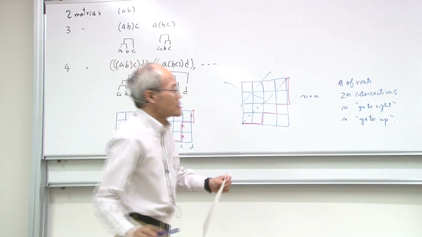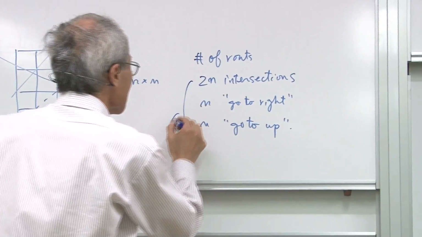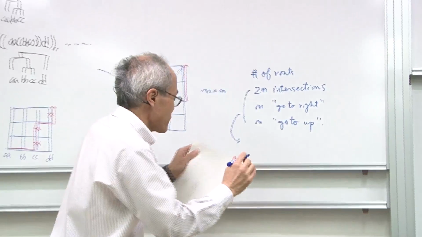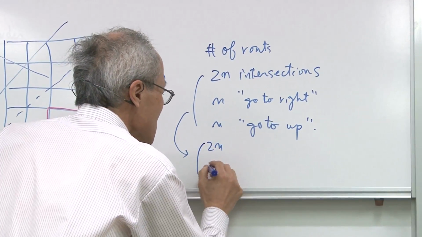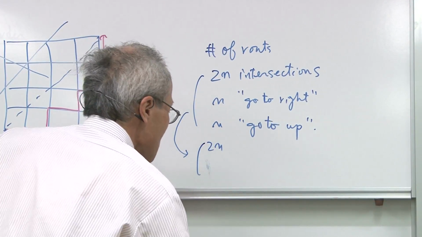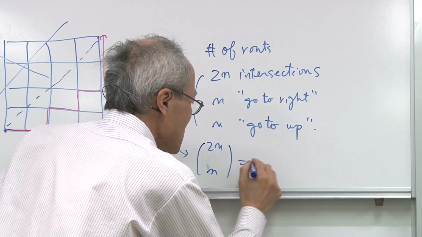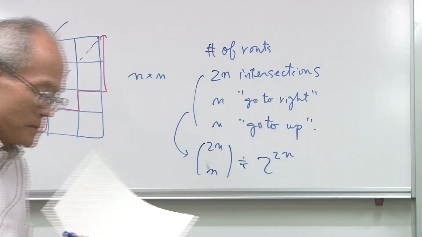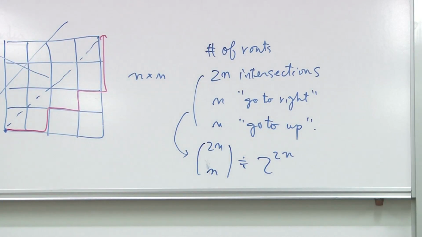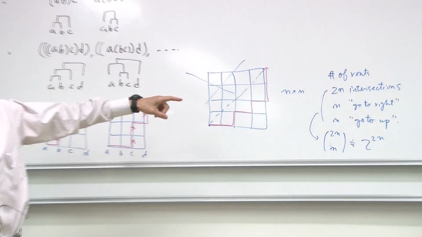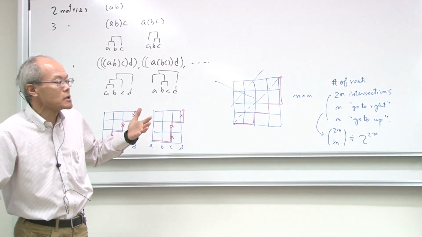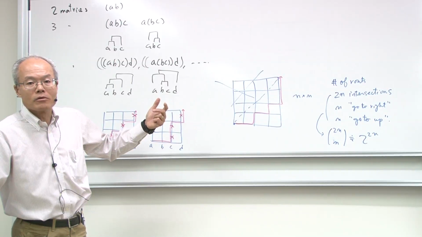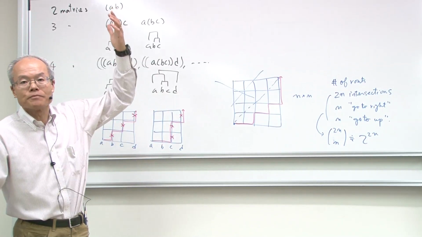Well, that means the total possibility is, of course, you have to go through 2n intersections, and in each intersection, you have two choices: to go to the right or go up.